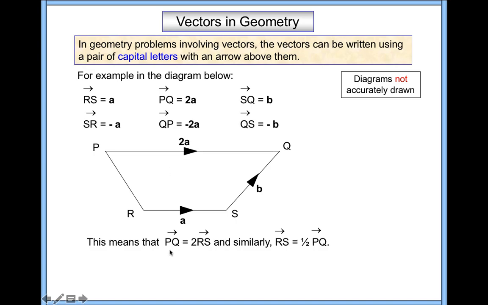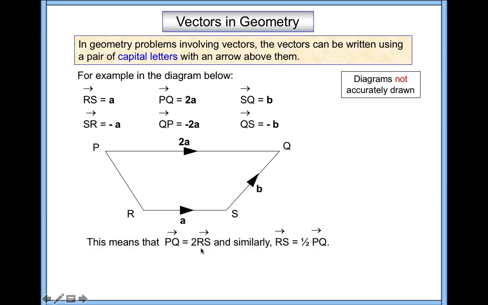Okay, see, you should understand this relation. That is why I especially took this exam question with a trapezium, to explain for you right at the beginning of vectors in geometry, this relationship between two vectors.